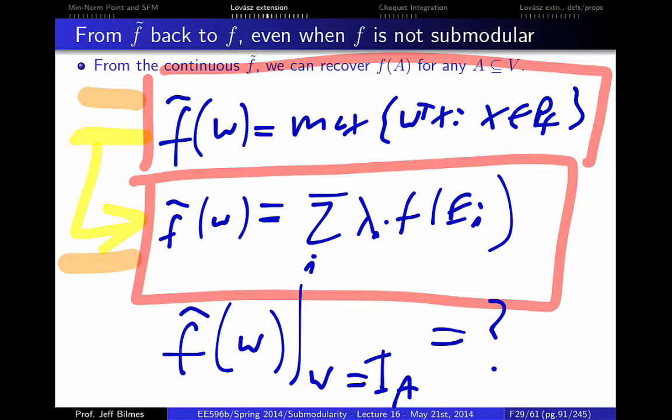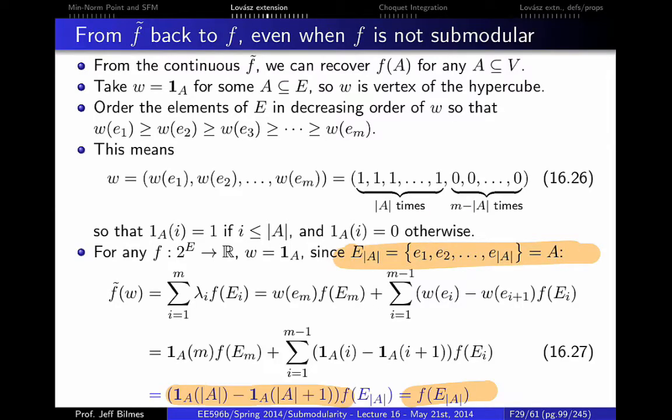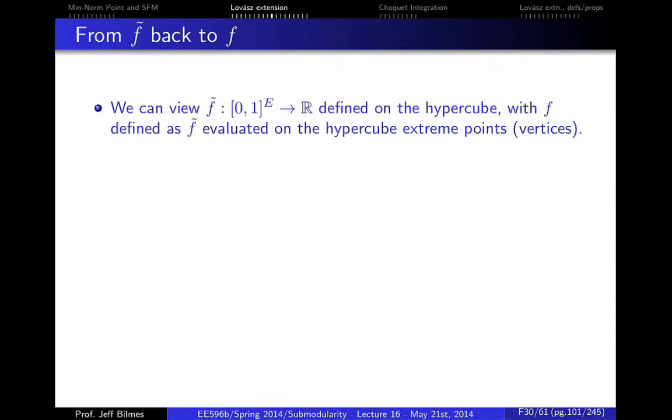We also know that the top one is always convex when it is submodular, and therefore the bottom one, being the same valuation, must also be convex. So what this means is that when f is submodular, the bottom expression is always convex. Okay. Any questions so far?